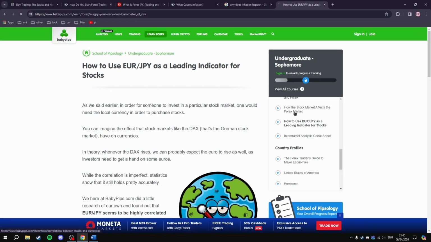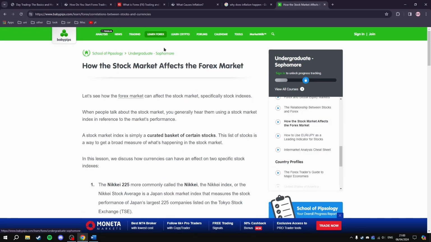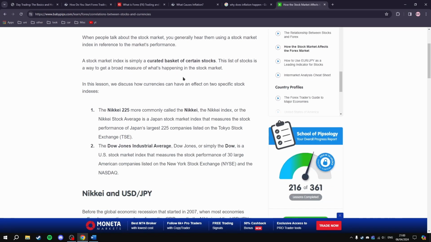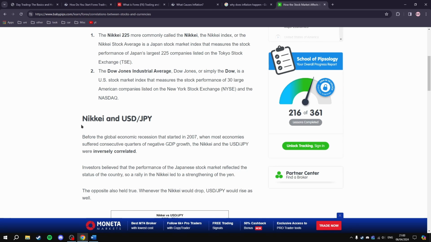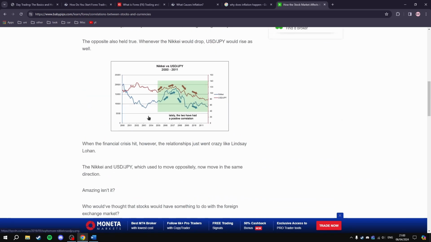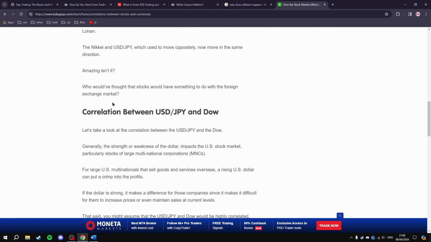So in the last video we went through how the stock market affects the Forex market. A stock market index is simply a curated basket of certain stocks. This list of stocks is a way to get a broad measure of what's happening in the stock market. And then we went through how the Nikkei and USD/JPY compares against the correlation between USD/JPY and the Dow.